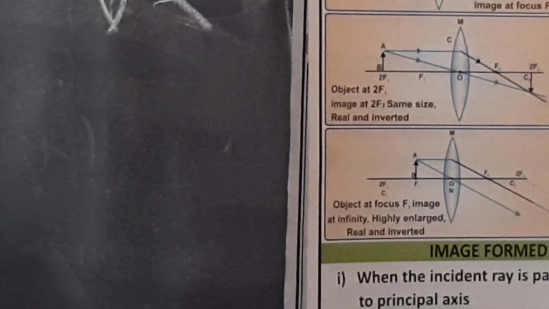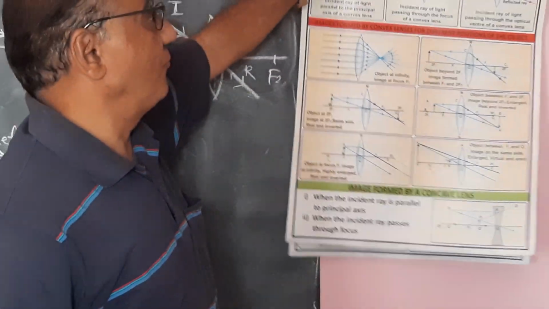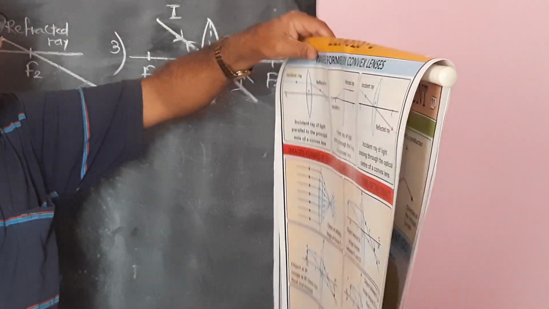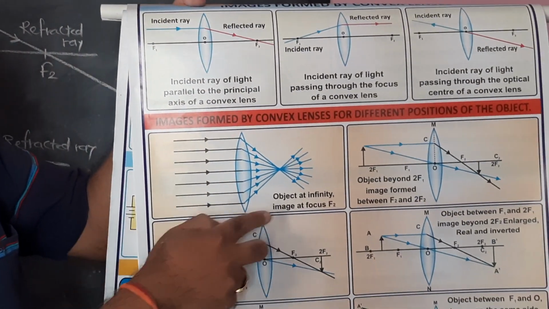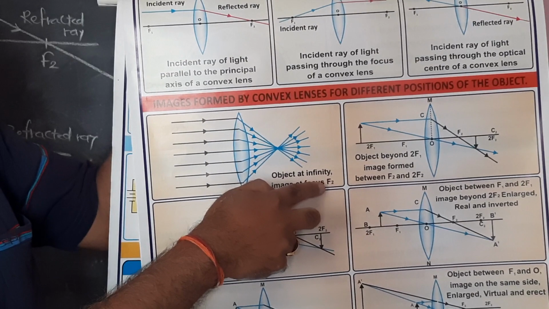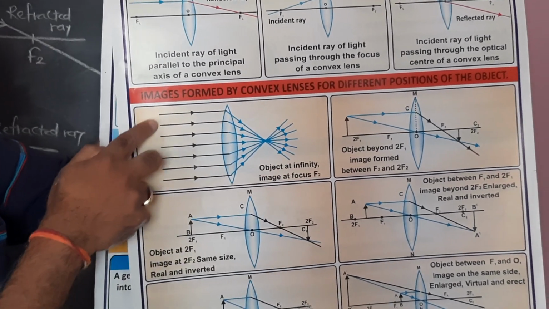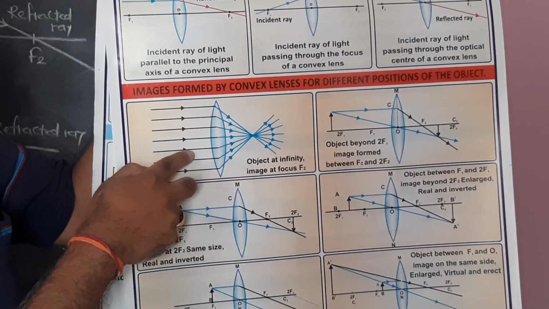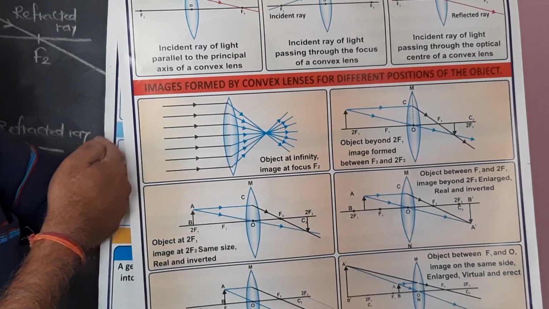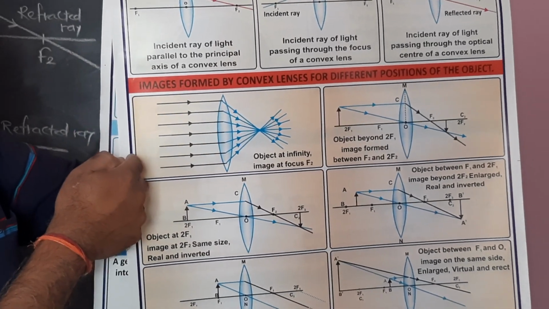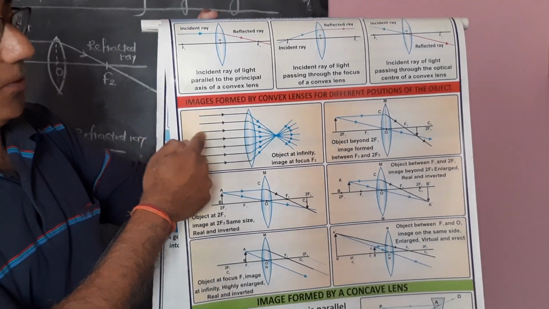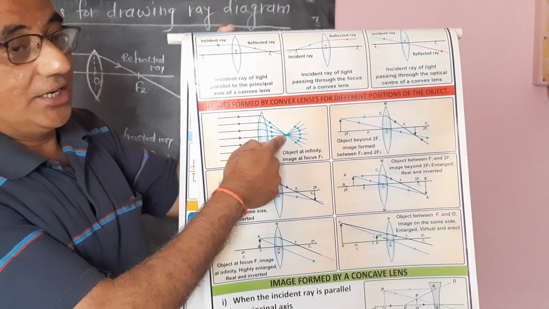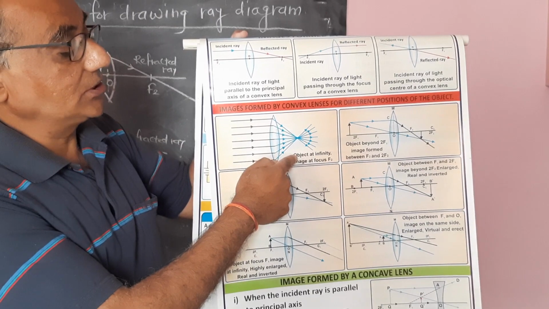First, when the object is placed at infinity, at that time image is produced at focus F2. Now see this diagram. Here the object is placed at infinity, so no object is shown, but after refraction the image is formed at the focus F2.